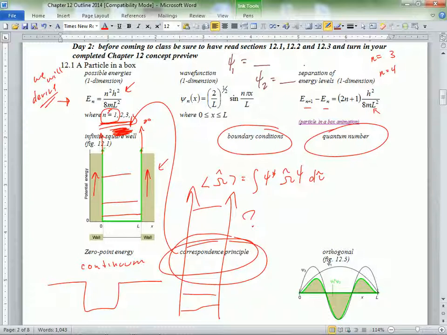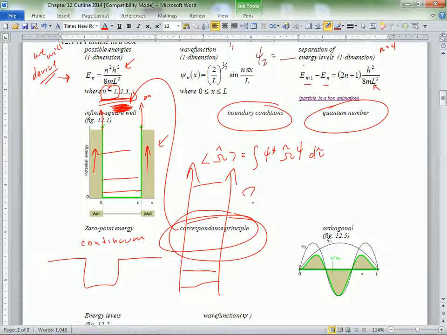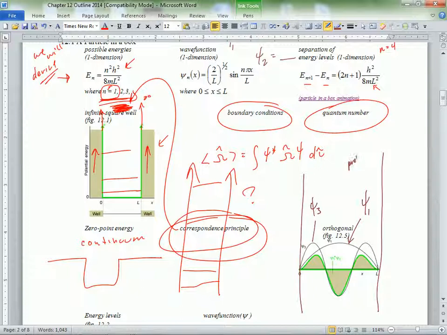What that means is, if you plot them out, this is what psi1 looks like, here's your box length L, it has to be between those two. If you plot out psi3, it looks like that. Those are the wave functions. But for probability density you had to multiply them together, and you always take the complex conjugate of the first one.